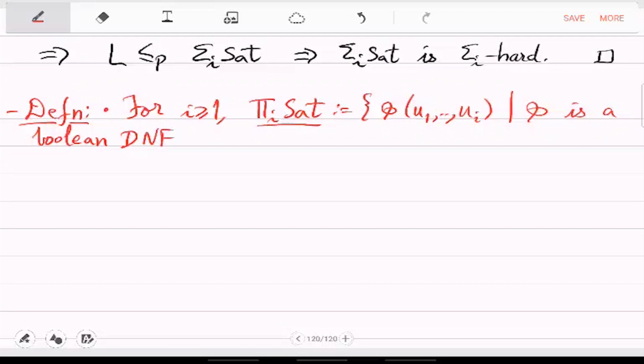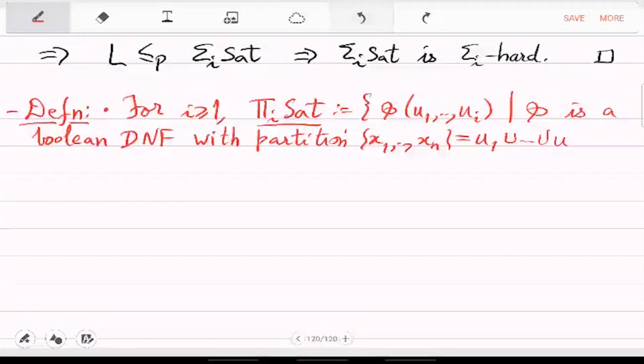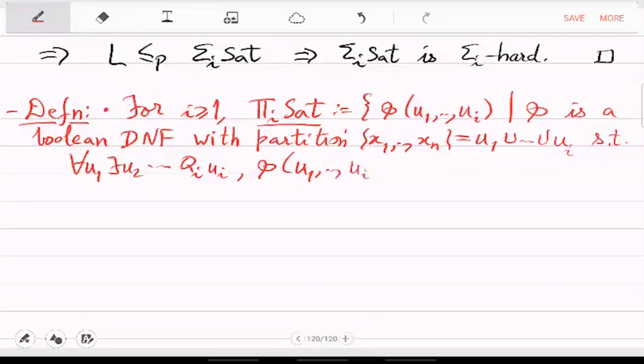Phi is a Boolean DNF with a partition of the variables into u1 to ui, such that for all u1 there exists u2 dot dot qi ui, phi of u1 to ui is 1, right?